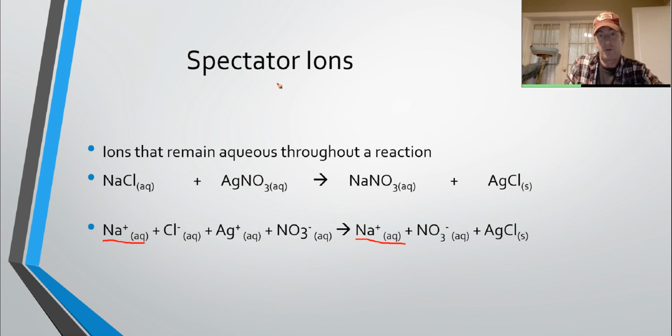Sodium ions are a spectator ion. Chloride is aqueous here, but over here it's bonded with the silver as a solid. So that has done something different. It's not just aqueous. Silver, the same thing. We had silver ions here, and now we have silver chloride locked up together as our precipitate. We have nitrate ions here, and we also have nitrate ions there. So those are the spectators.